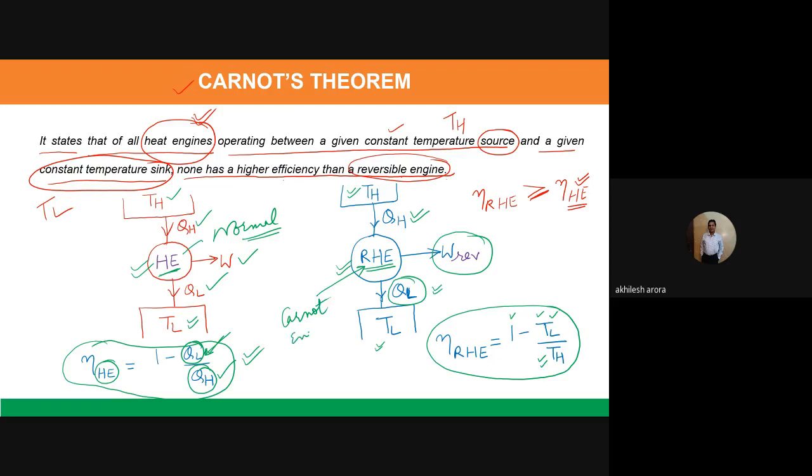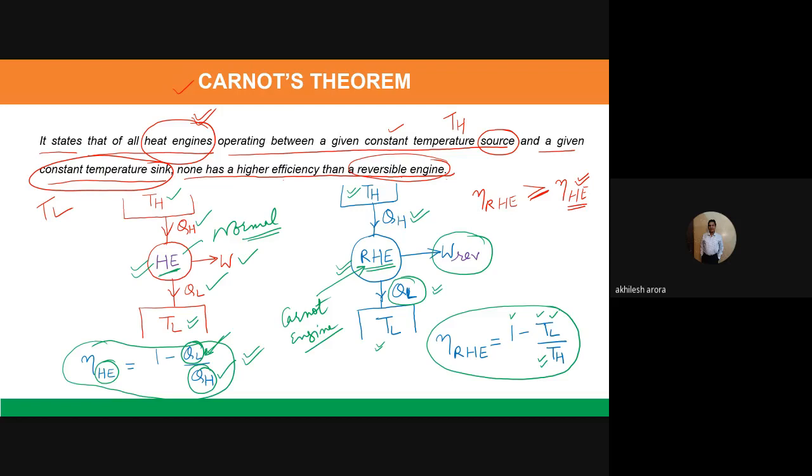It's a Carnot engine in which there are two reversible isothermal processes and two reversible adiabatic processes. So if we call it a reversible heat engine, it is operating on the Carnot cycle, and all four processes are reversible.